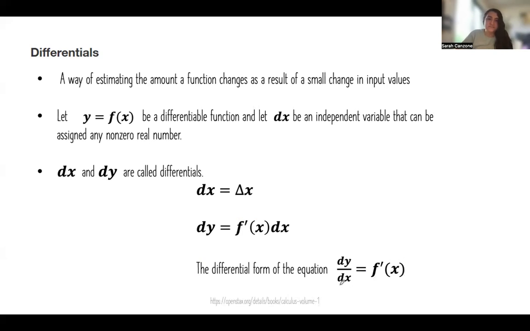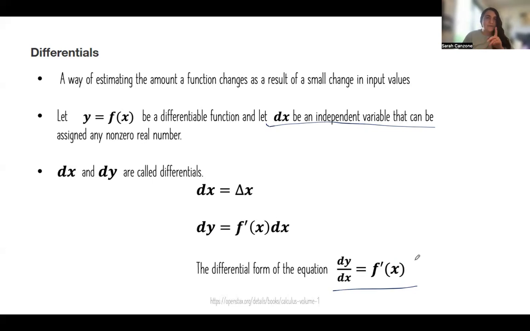The idea of a differential is that dy dx isn't like one term that you can't touch. It's not like the natural log of x or the sine of x. It's not attached to itself necessarily, as long as dx is an independent variable. So what that means is you can treat this as a regular old fraction.